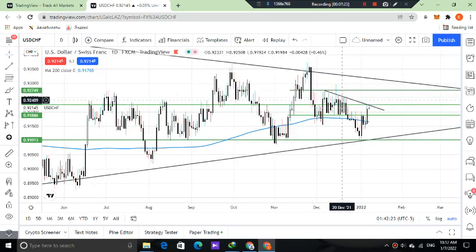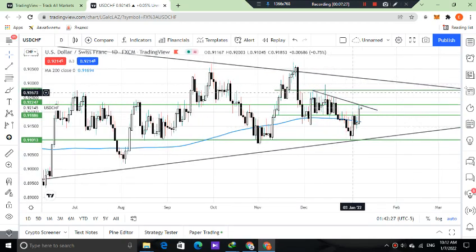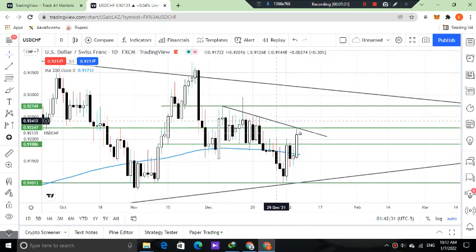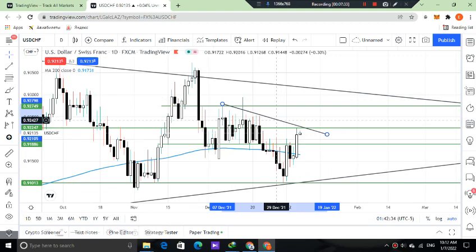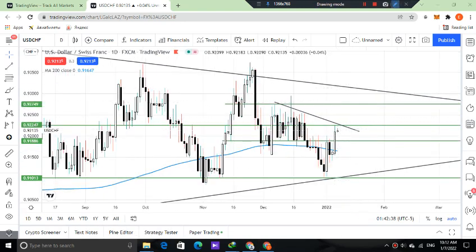And as long as we are under this line, your assumption could be short, and you want to short this and put your TP at this level.